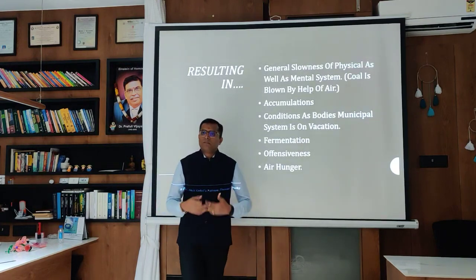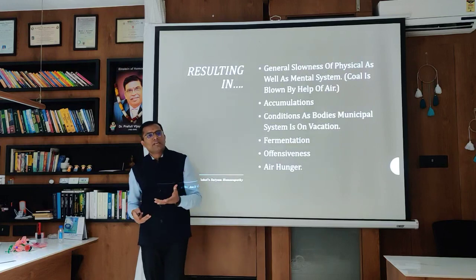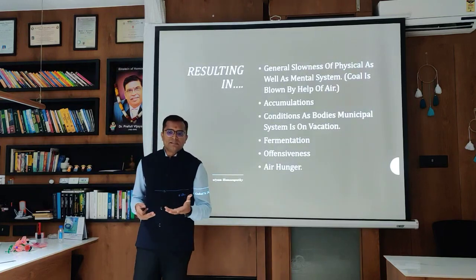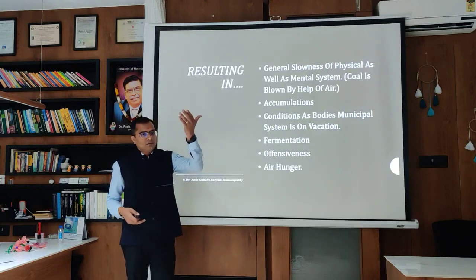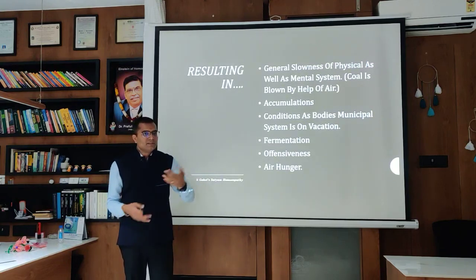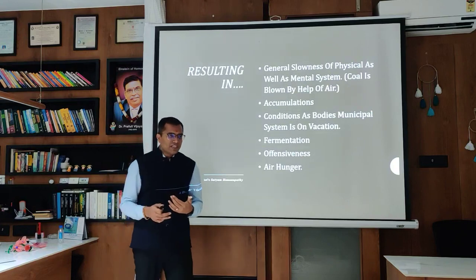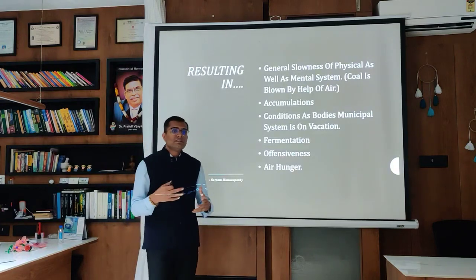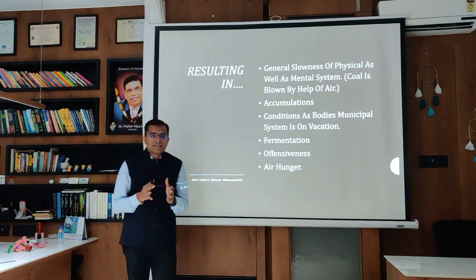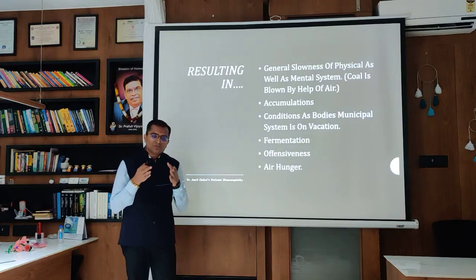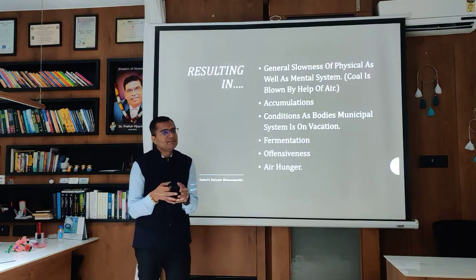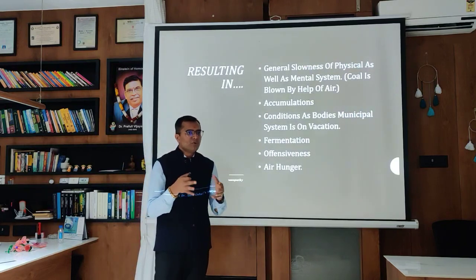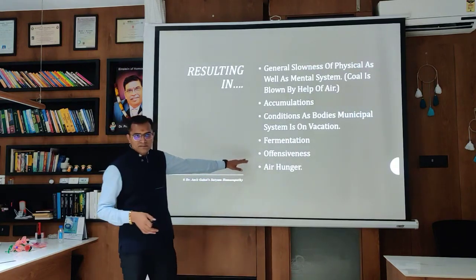So it ferments. It produces more and more gaseous things like carbons, and that fermentation goes either upward, called eructation, or downward, called flatulence. But the flatulence is because of slow excretion of the toxins. So those toxins are also more, because they are accumulated inside more and more. So that leads to offensiveness.